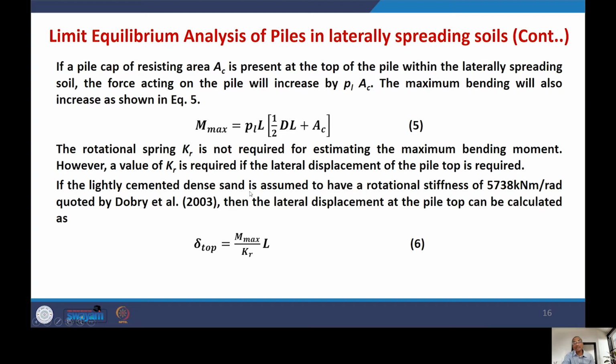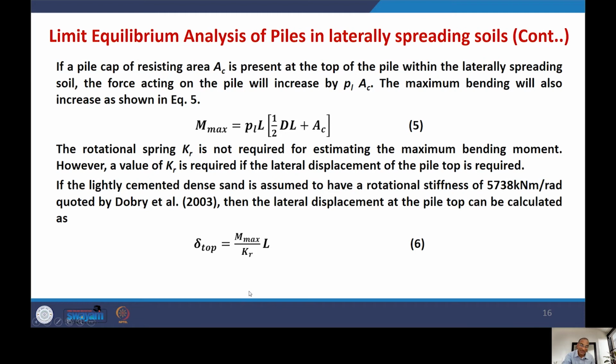If the lightly cemented dense sand is assumed to have a rotational stiffness of 5738 kilonewton meter per radian, which was quoted by Dobry et al. in 2003, then the lateral displacement of the pile top can be calculated using relation 6, where delta top is the lateral displacement of the pile top, M max is the maximum bending moment, multiplied by the length L, divided by K_r, where K_r is the spring constant of the rotational spring.